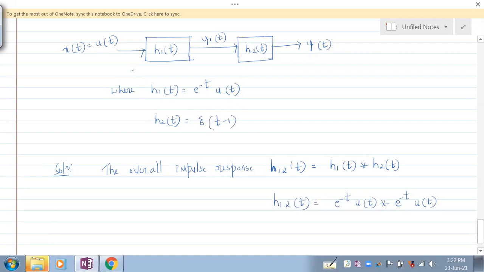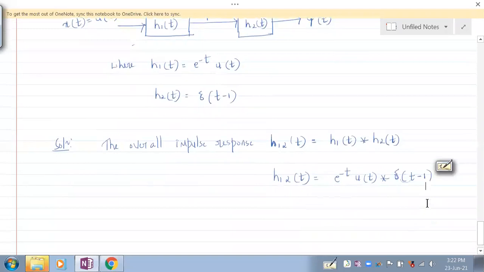Let's have this as delta of t minus 1, because we will understand that property well. So this is being convolved with delta of t minus 1.